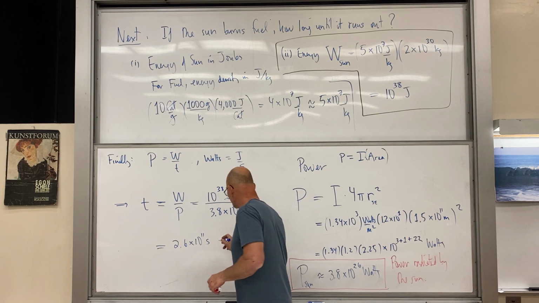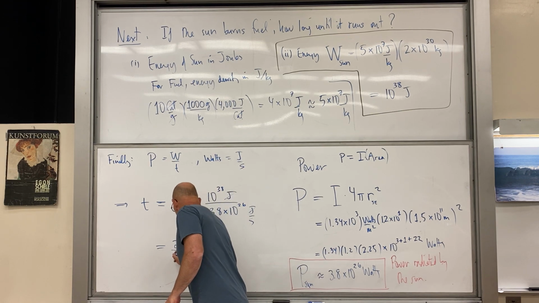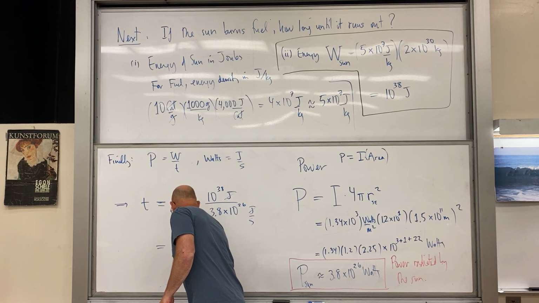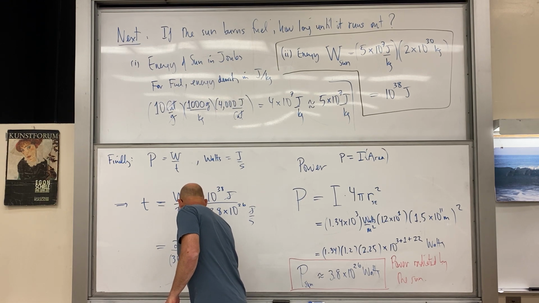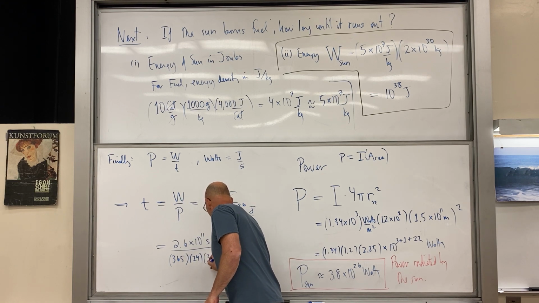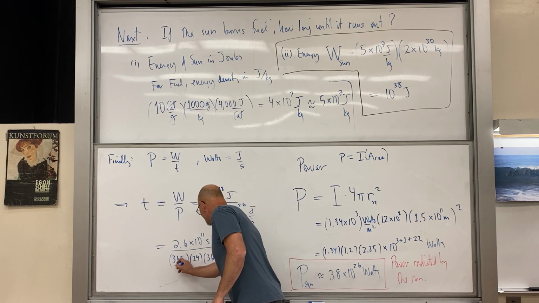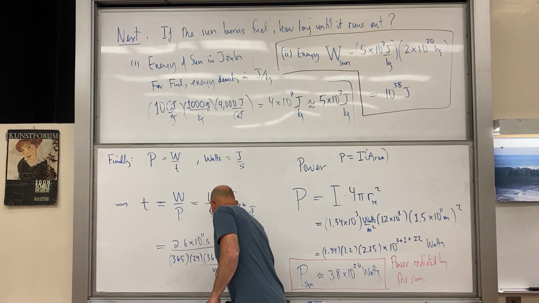So this is seconds, and we're just going to divide by 365 days times 24 hours times 3,600 seconds, and this is all per year.